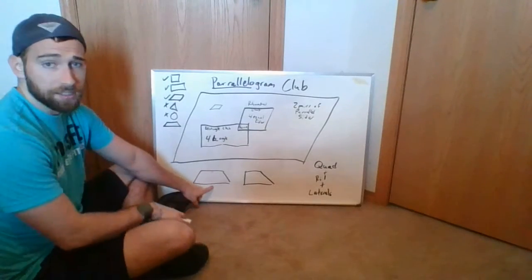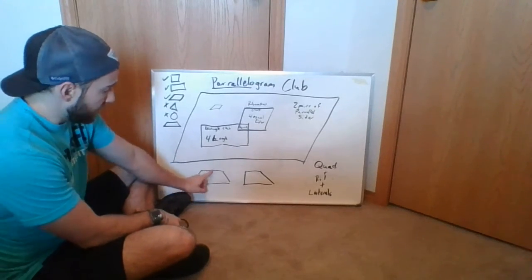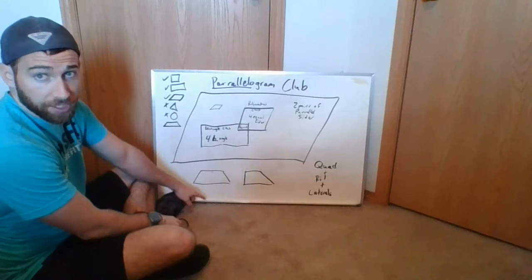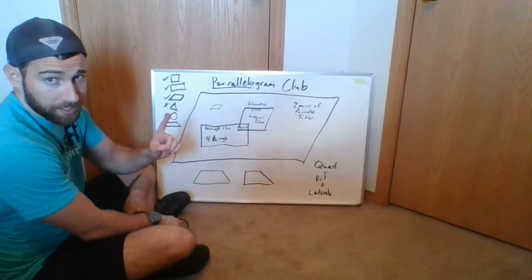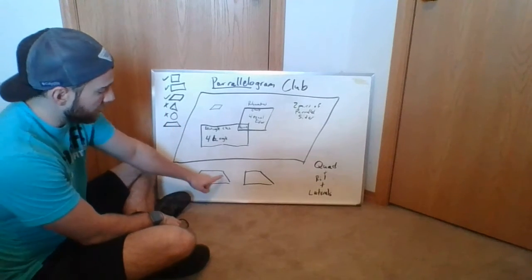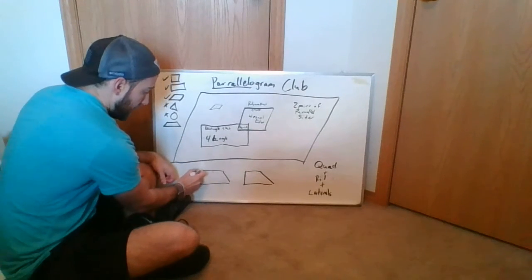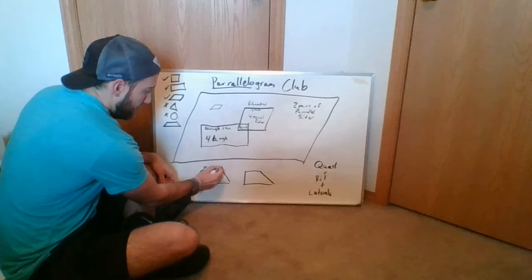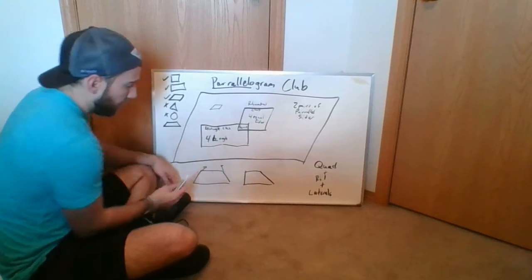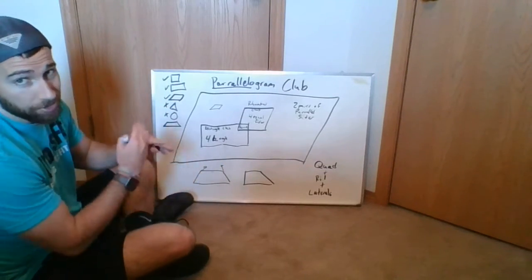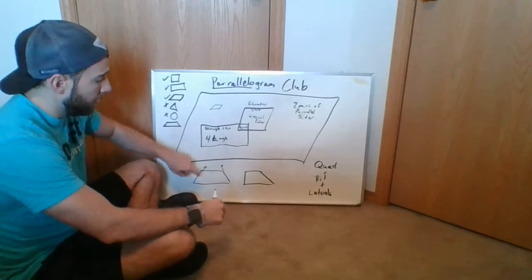If we look at these down below, these lines would go on forever without touching, so those are parallel. That's one set though. On these ones, these two lines would go on and eventually would end up meeting somewhere probably around there. So they would intersect, making it not a parallelogram.